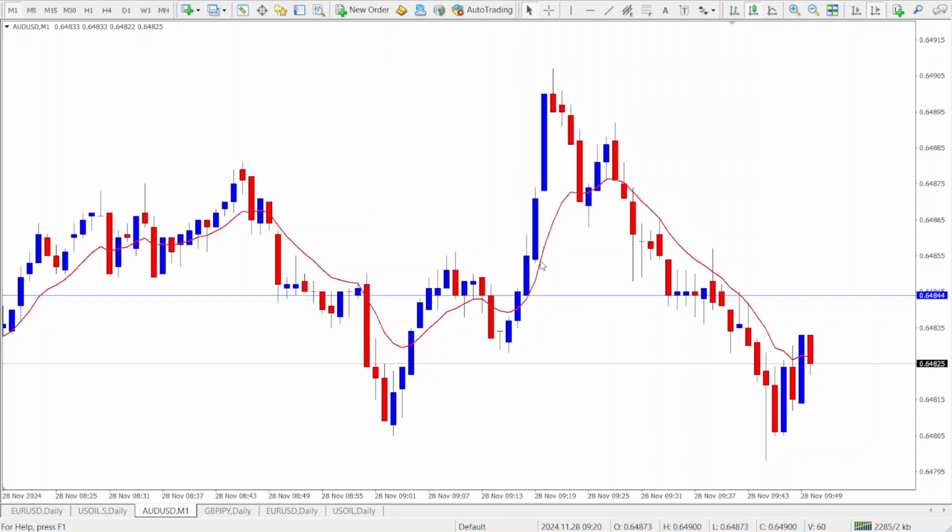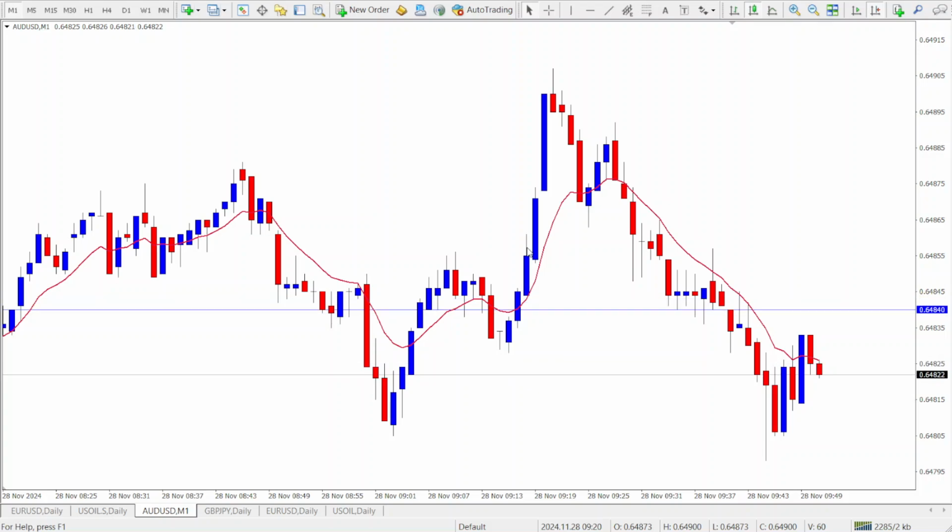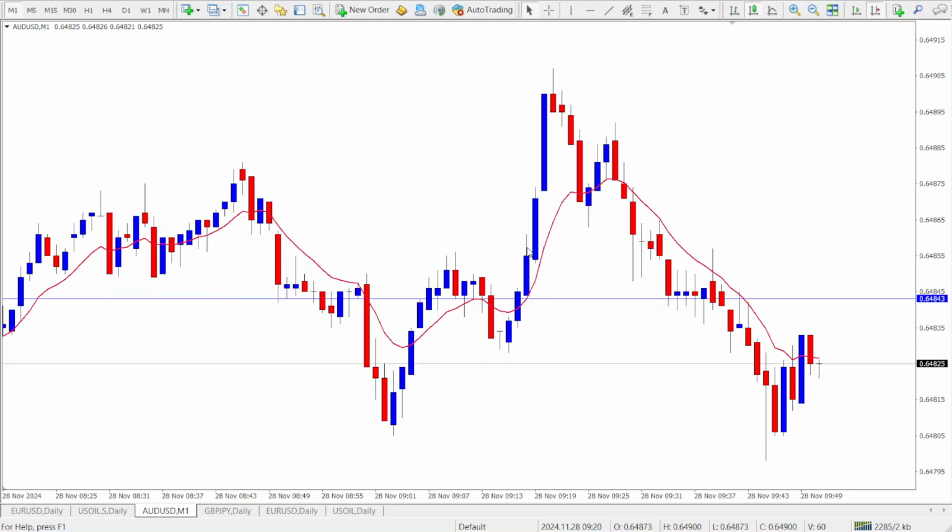The first that I'm going to be talking about is the simple moving average, also called the SMA. This is the most straightforward type of moving average. It's calculated by adding up the closing prices over a specific number of periods and dividing by that number.